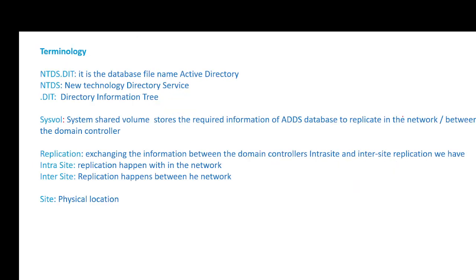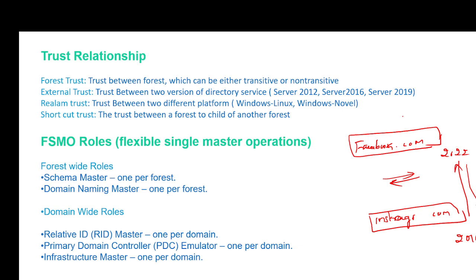Only one domain controller in domain A or forest A, and another domain or forest dedicated server there. Between the two domain controllers, we will enable the trust. That is called a shortcut. You see, the trust between a forest to a child of another forest, that is called a shortcut. Okay, so these are all some trust relationships. This is also important.